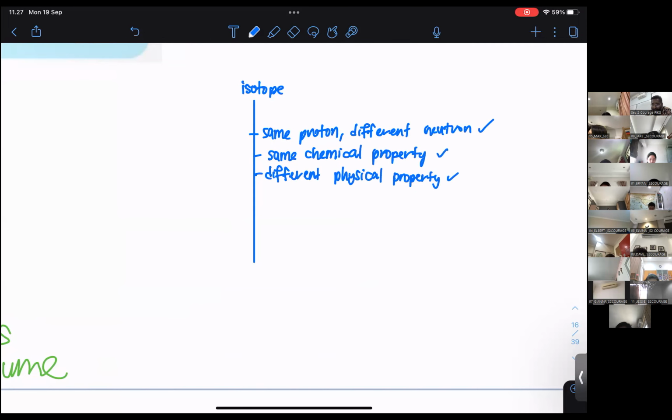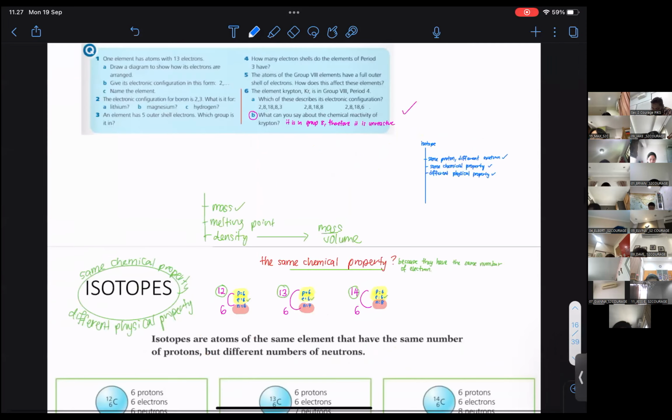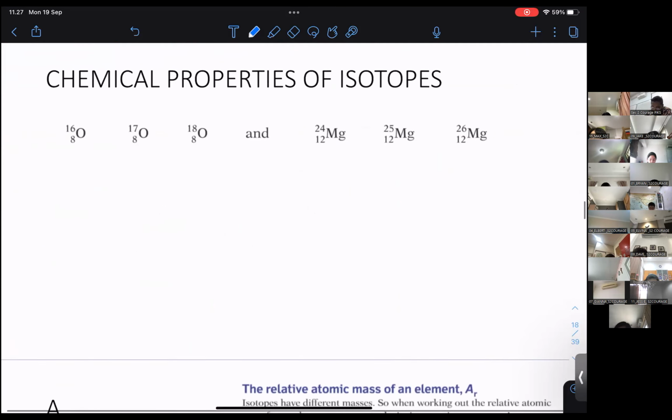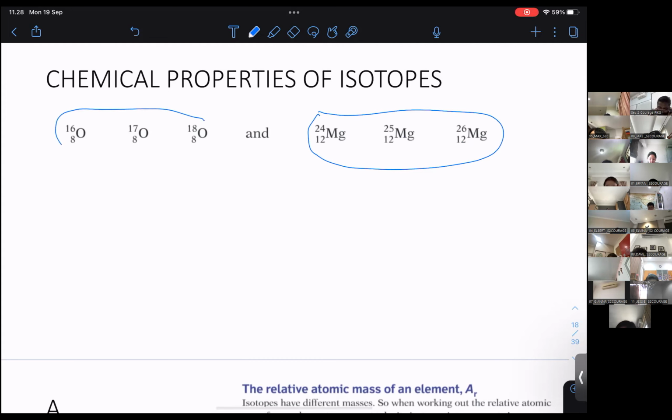Now, you can see here chemical properties of isotopes. If you look at this, what can I say from here? These are the isotopes of magnesium. These are the isotopes of oxygen. How do I know that they are isotopes?